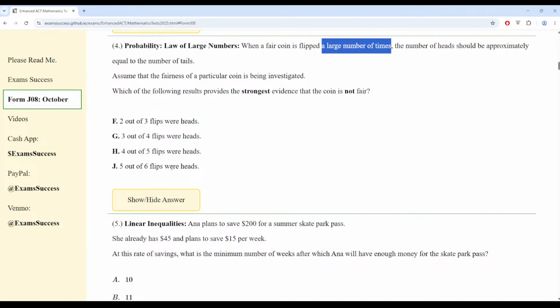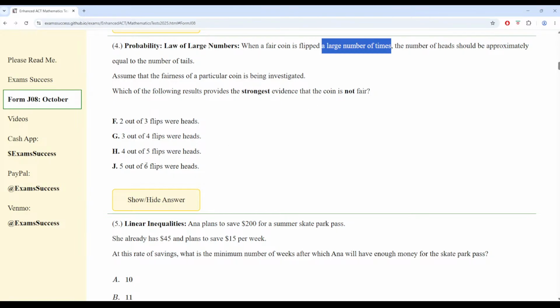When you flip a coin 6 times, you would expect about 3 heads and about 3 tails. But now this is 5 of the 6 flips being heads. So that can be evidence that it's not fair.